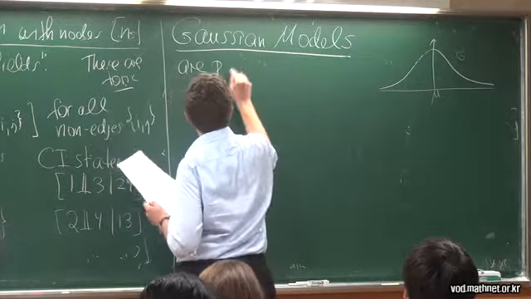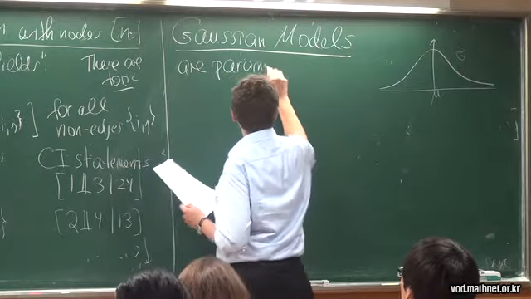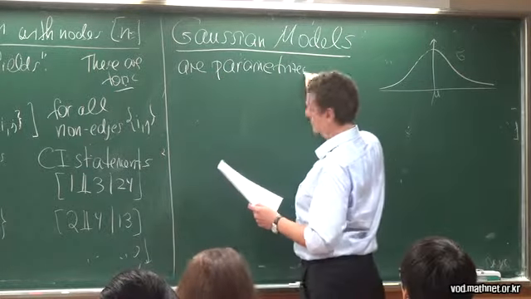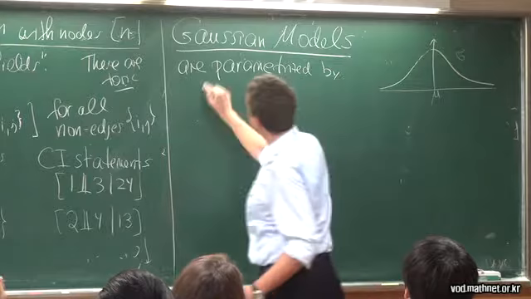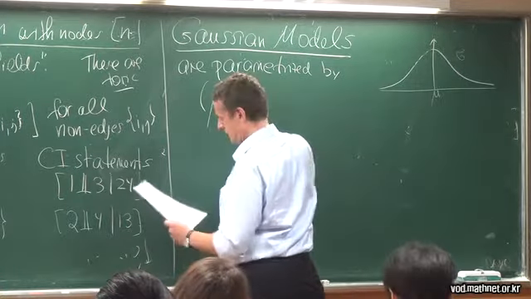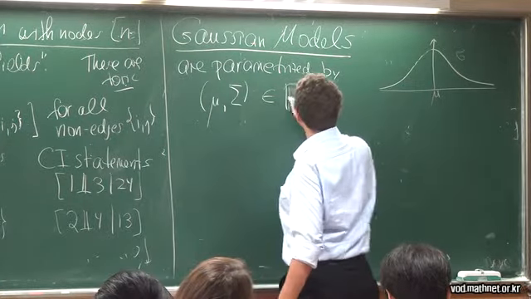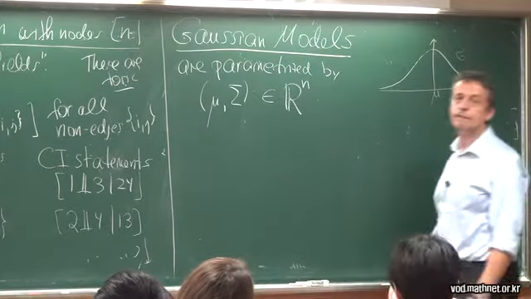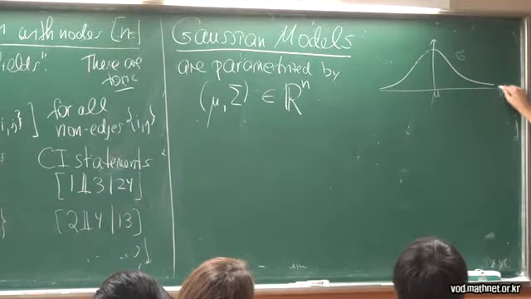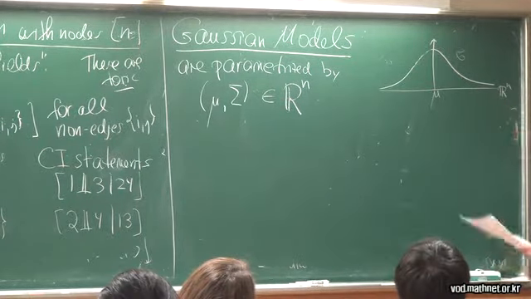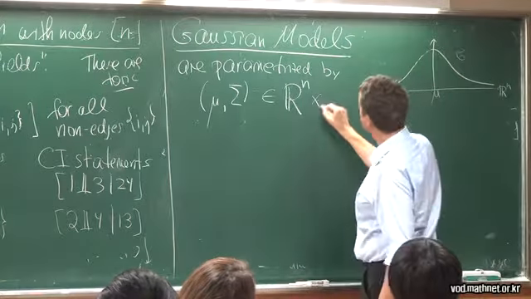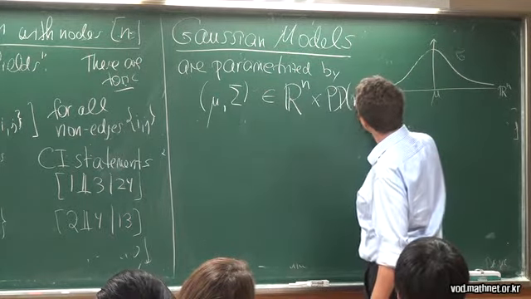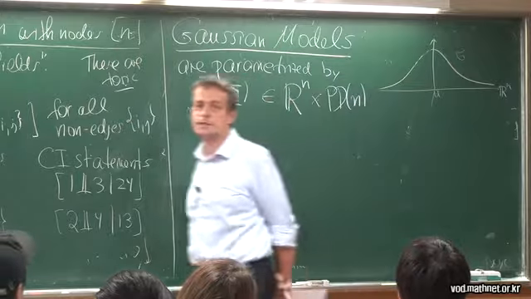So Gaussian models are parametrized by pairs (mu, sigma), where mu is the mean. That's a vector in R^n. Now this is R^n. Down here we have R^n. And then sigma is a positive definite n by n matrix.